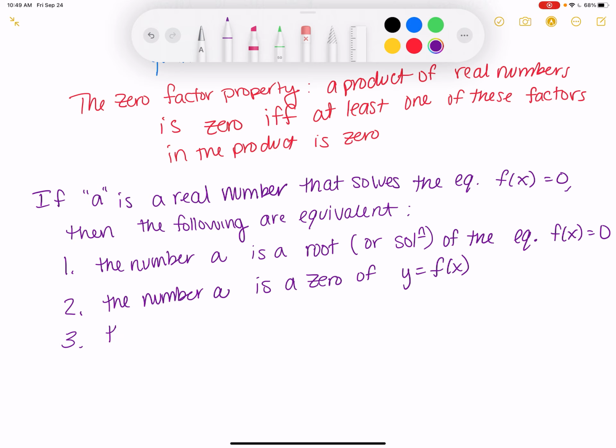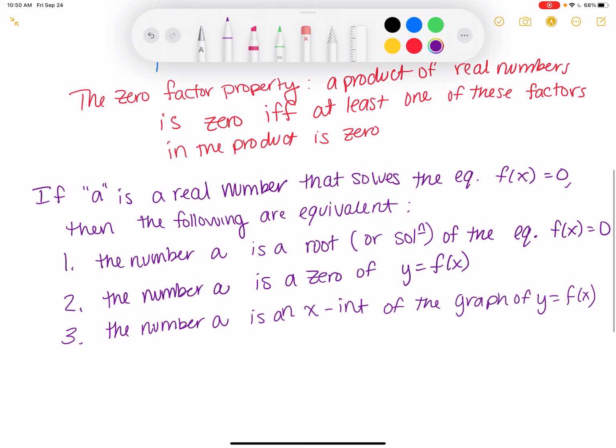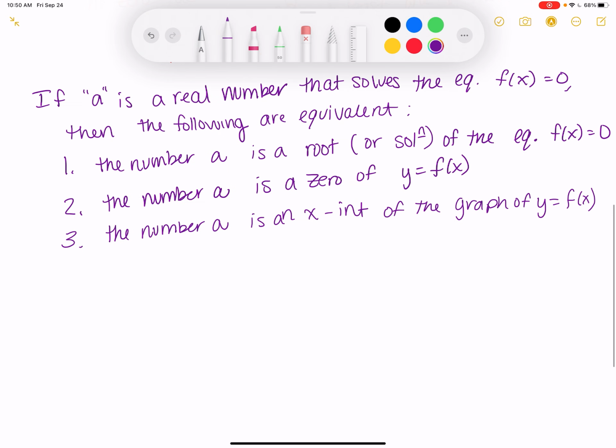And third, the number A is an x-intercept of the graph of y is equal to f of x. Give you a second to make sure you can get that written down.